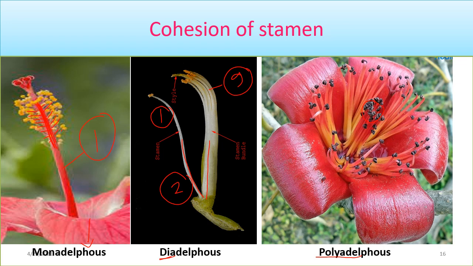I'll change the color so that we can mark it out. This is one bundle, this is another bundle. Here one bundle, here another, and here. So there are multiple bundles of stamens, and hence this condition is called polyadelphous.